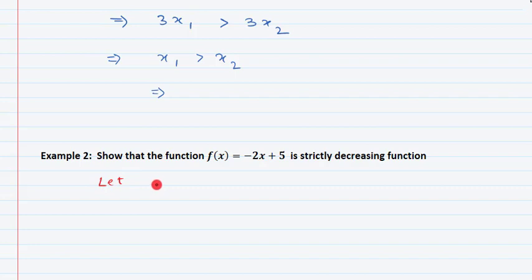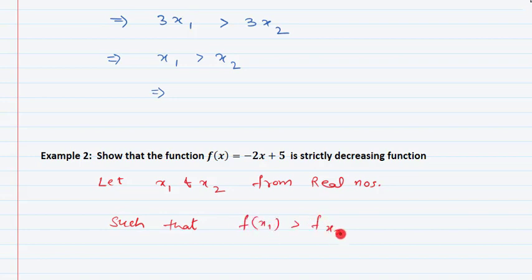So let x1 and x2 be two numbers from real numbers such that f(x1) is greater than f(x2). Let us write the value of f(x1) and f(x2). Clearly this is minus 2x1 plus 5 greater than minus 2x2 plus 5.